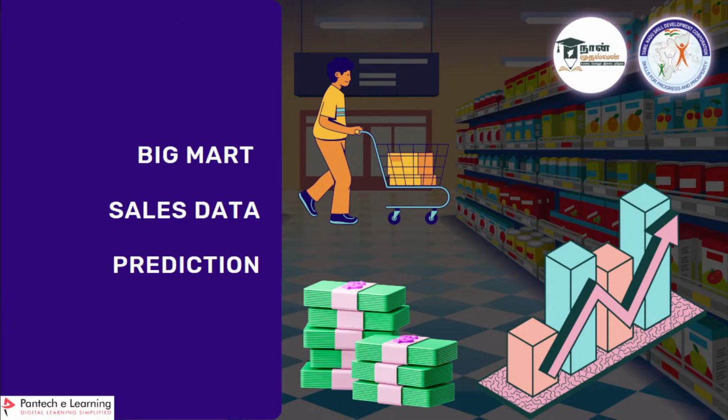If you are seeing the sales value, is it a categorical feature or a continuous feature? The target here is to predict the sales, for which product how much sales is coming. This is continuous, and that means it comes under a regression project.